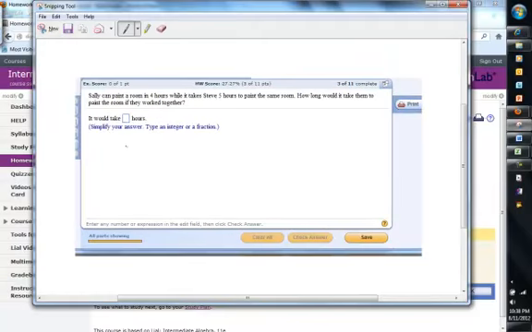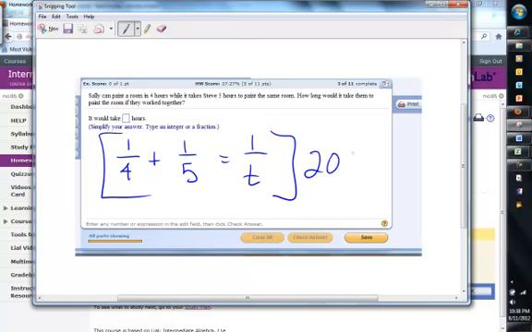Sally can paint the house in 4 hours, while Steve takes 5 hours to paint the same room. How long will it take them if they work together? 1 over t for time. Our common denominator is 20t.